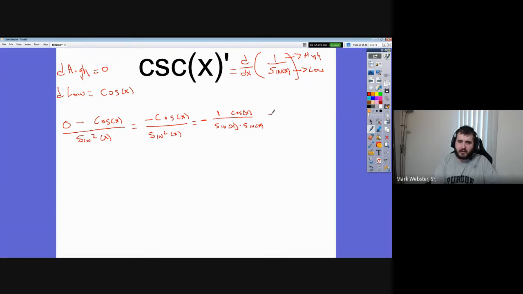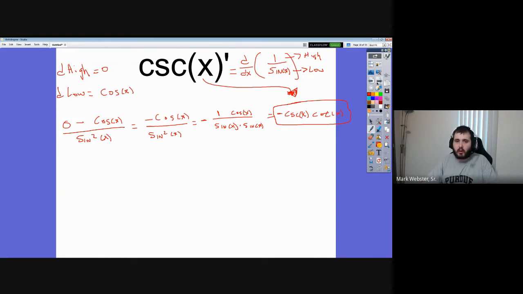But 1 over sine is cosecant, and the negative follows. And cosine over sine is cotangent. And so once again, can you leave it as any of these other ones? Yeah, I guess. But here, this is the most simplified way that it should look.